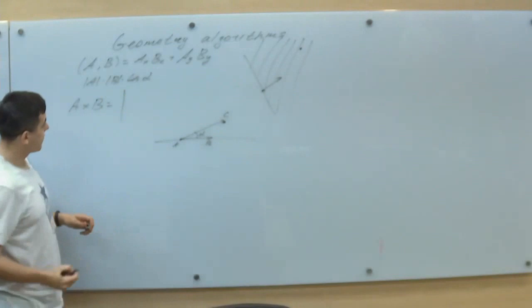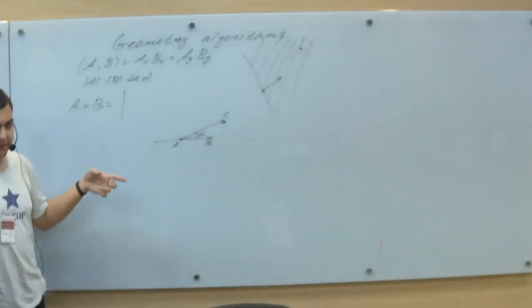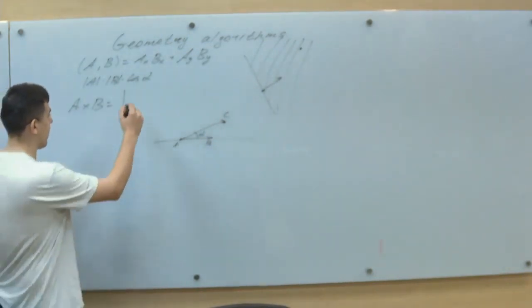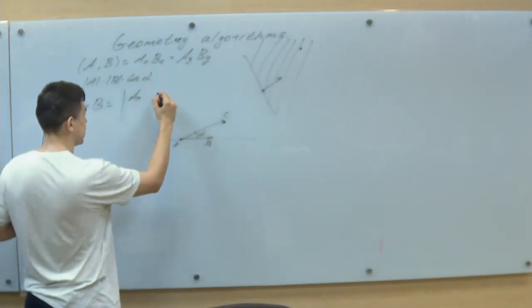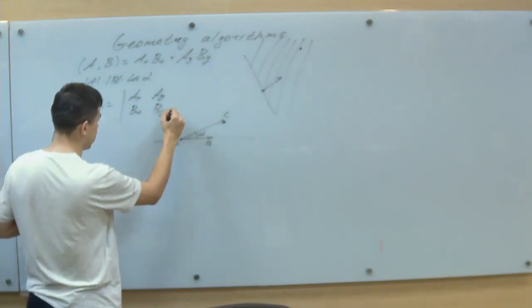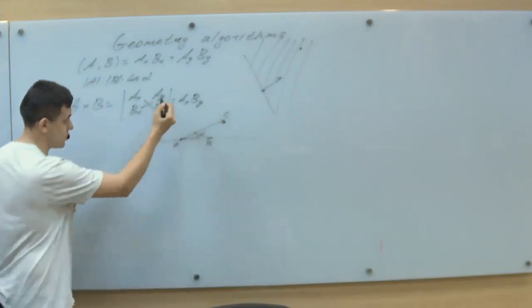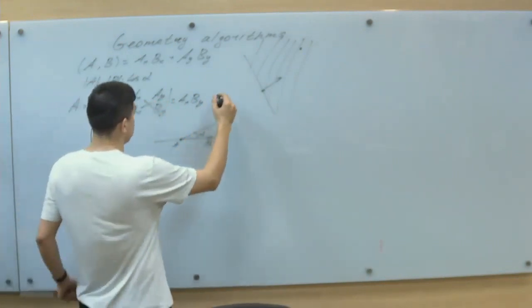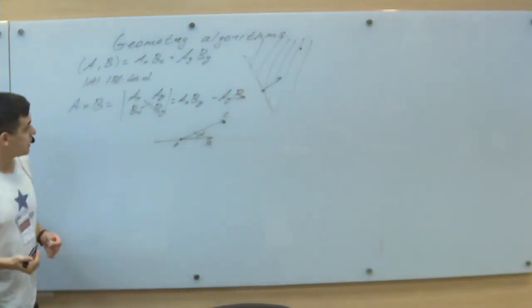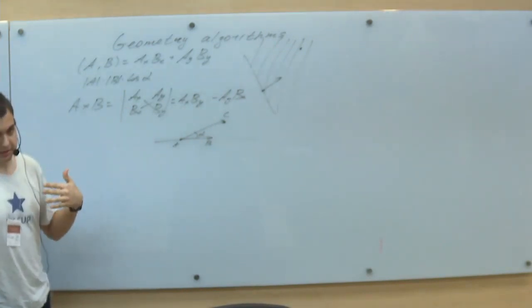So the easiest way to remember, at least for me, the vector product is that it's just a determinant 2 by 2 of the matrix AX, AY, BX, BY. So AX BY minus AY BX, the cross product rule. And this is one of the most important primitives there is in geometry.